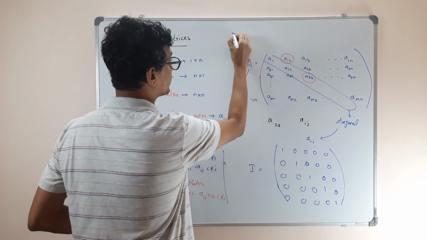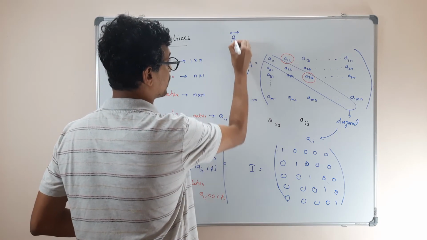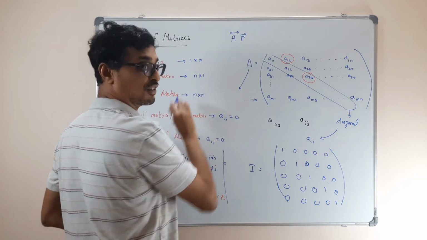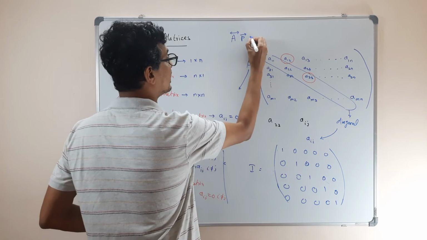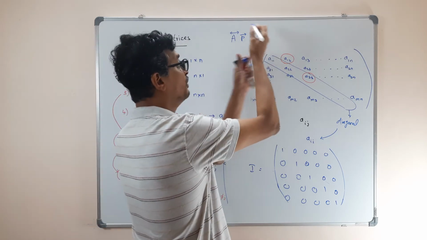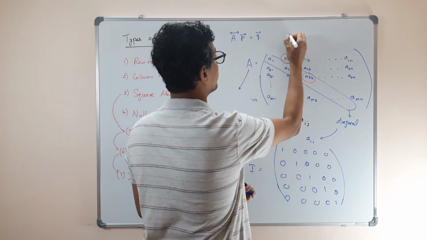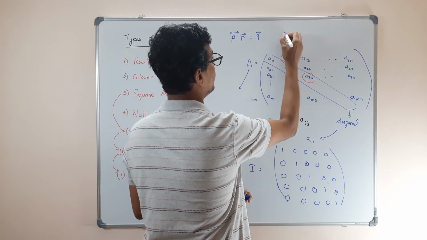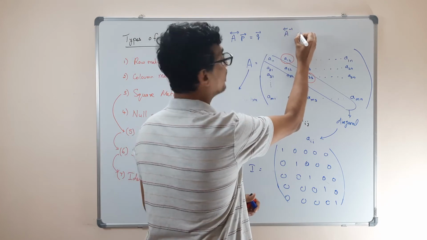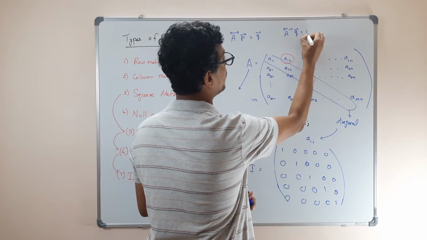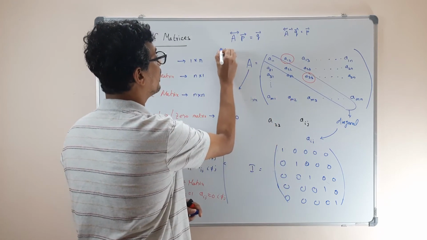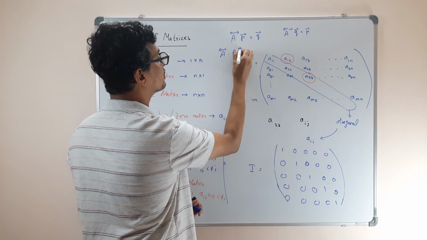If A is a matrix, so we show this is a symbol of a matrix, and then P is a vector, this is a row matrix or whatever, that will give Q. Am I right? And then we said, suppose you want to invert the problem, that means A inverse, A to the power minus 1, of Q will give you P. Now I'm asking what will be A matrix into A inverse matrix.